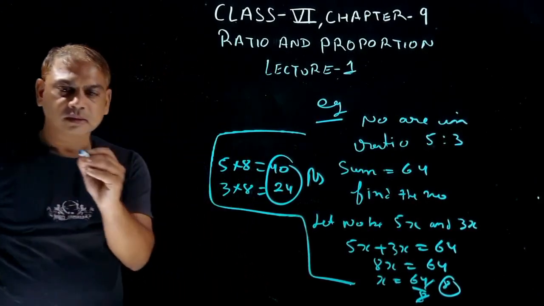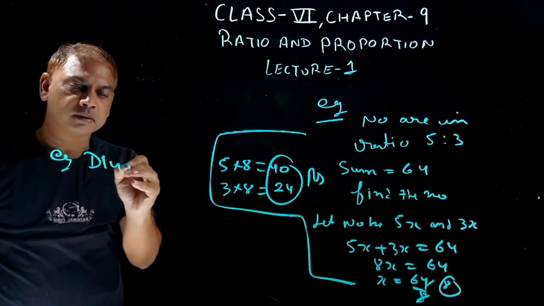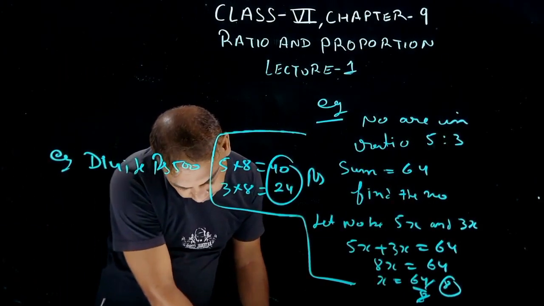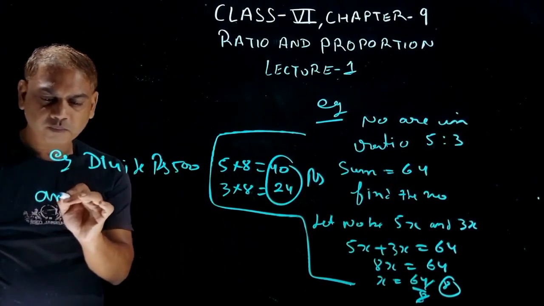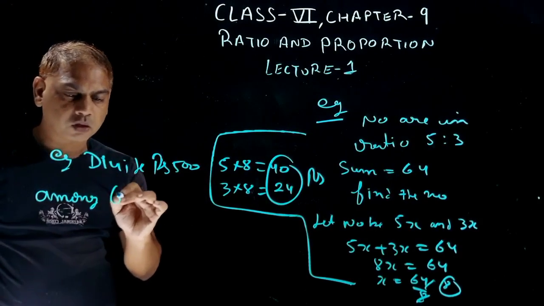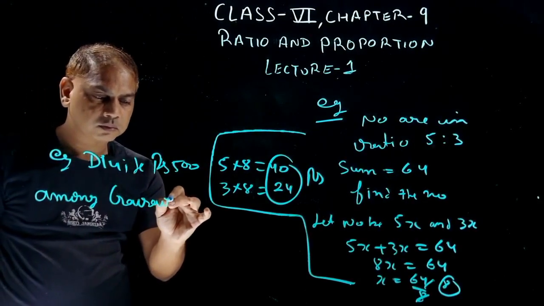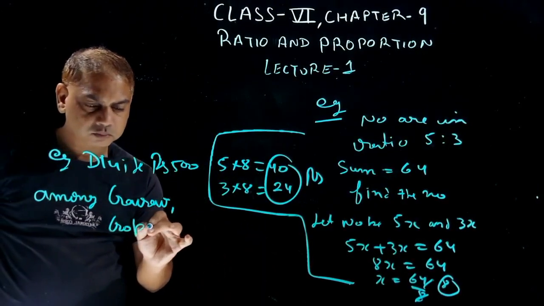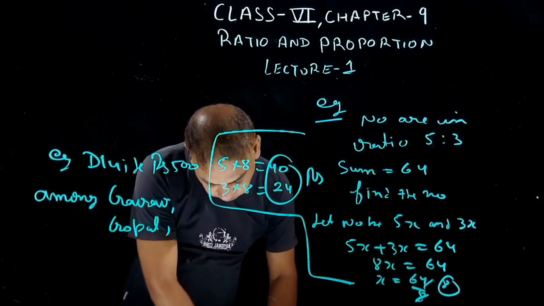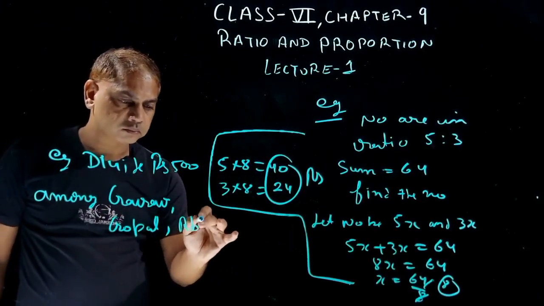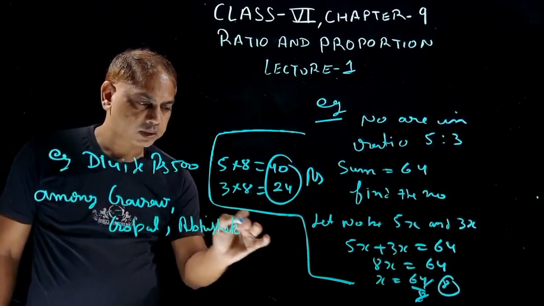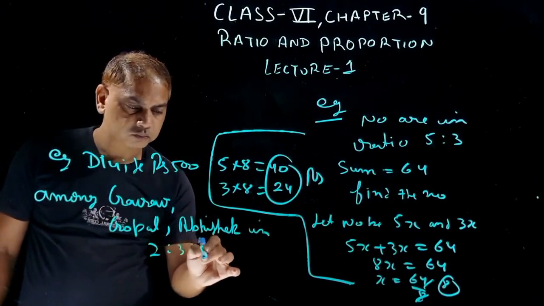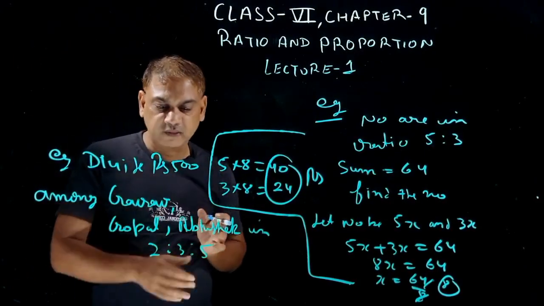Now divide rupees, one more example, you have to divide rupees 500 among Gaurav, Gopal and Abhishek. In which ratio? The ratio is 2:3:5. Okay, you have to divide rupees 500 in this ratio.